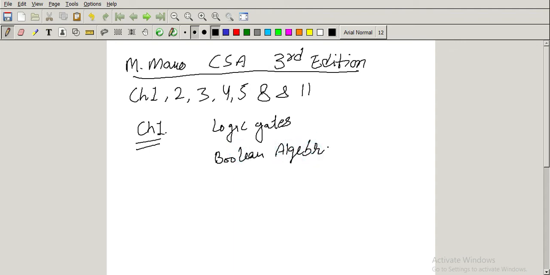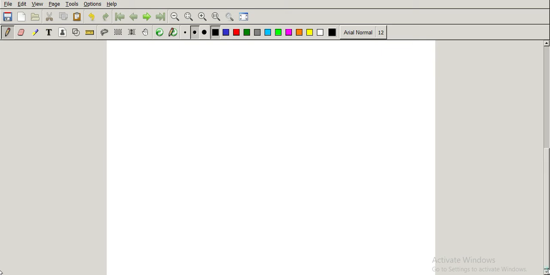A number of questions are asked from these topics. Then sum of product form, then we have POS form, which is product of sum form. Apart from that, we have the combinational circuit.